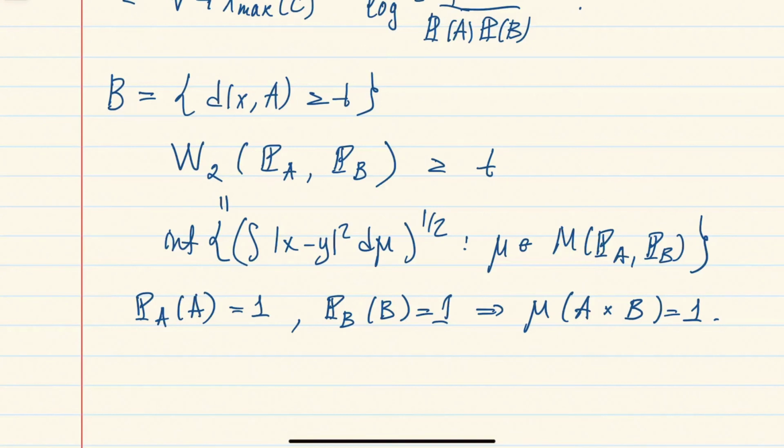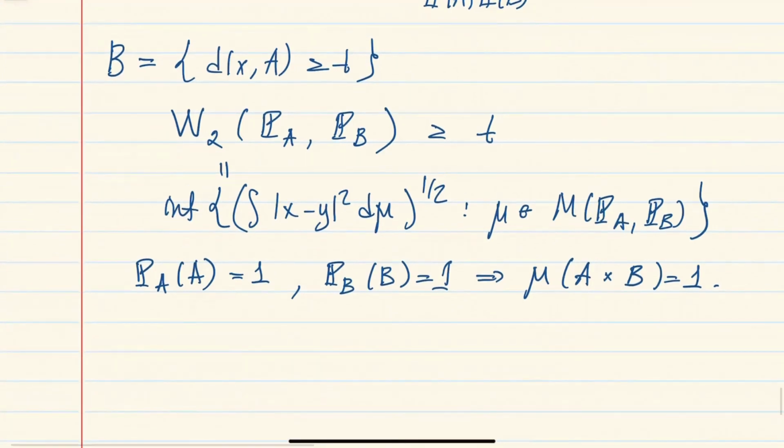Okay, so in particular, when we minimize this integral, the integral itself can be restricted to the rectangle A times B. But on this rectangle, the distance between x and y is bigger than t. So in fact, the integral will be greater than t squared, and then we take the square root.